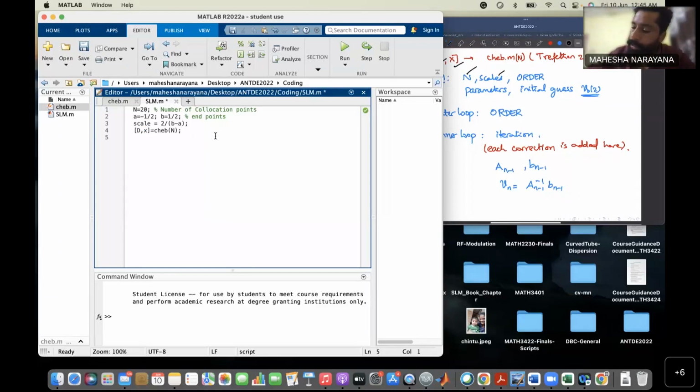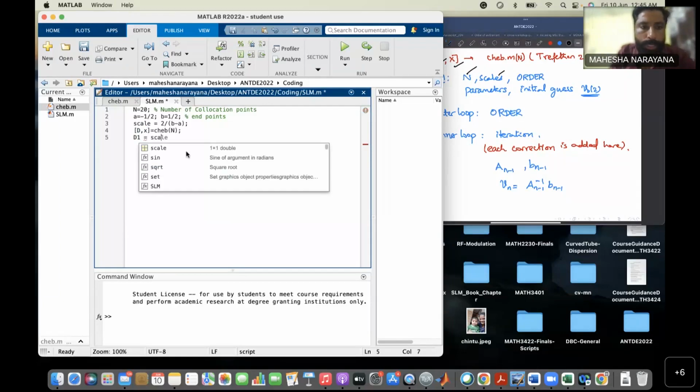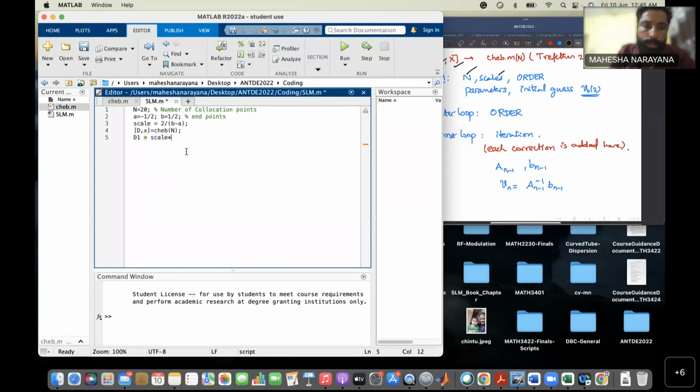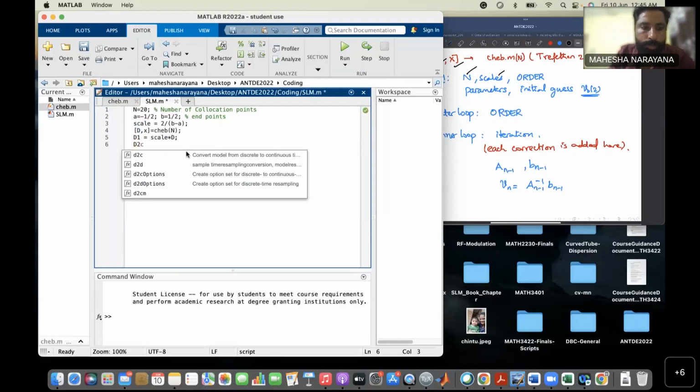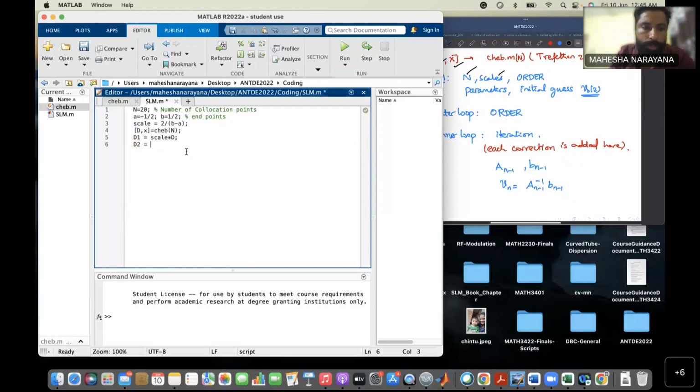So D1 will be just equal to scale times D. And if it is a second order derivative, we need the square of this, right? So the square of that will be just scale times D1, you can say. So this is for the second derivative. So you can say this is the first derivative and this is the second derivative.